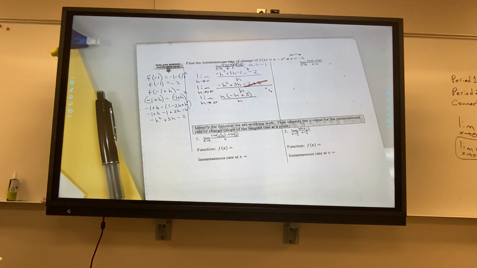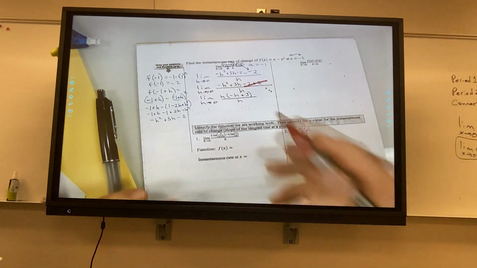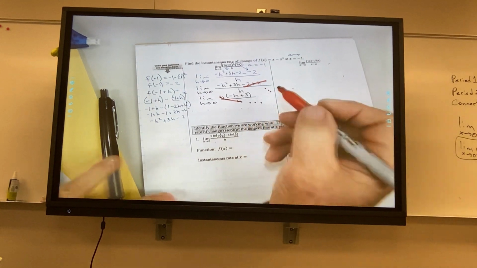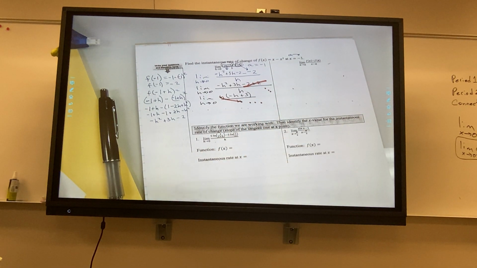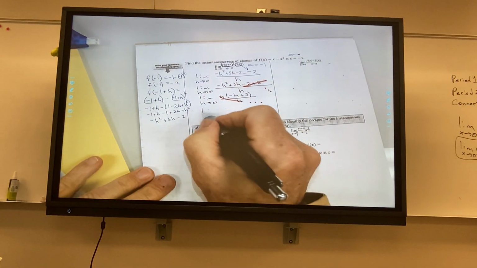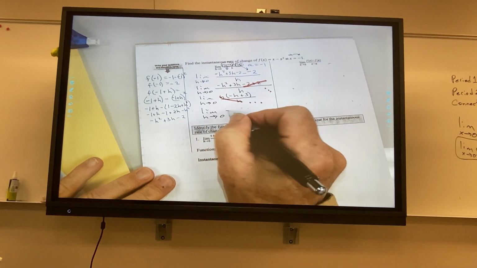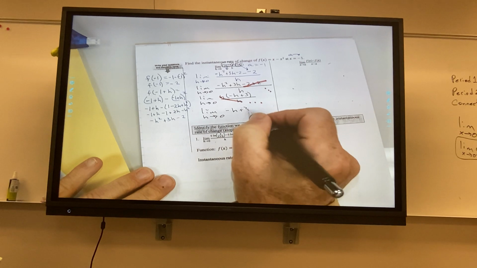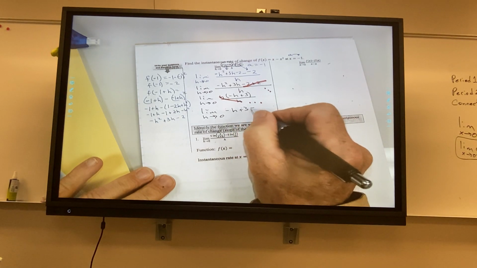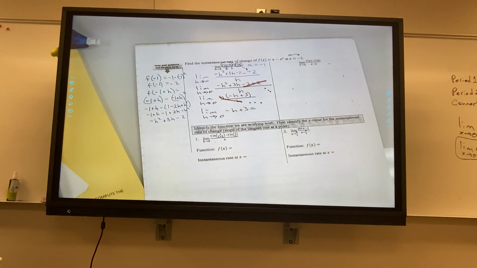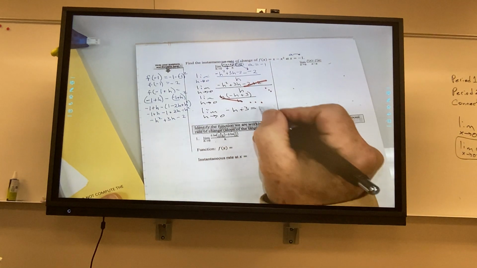I'm going to remove it. Bam! It's gone. So I have the limit as h goes to 0 of negative h plus 3. What's my answer? 3. 3.